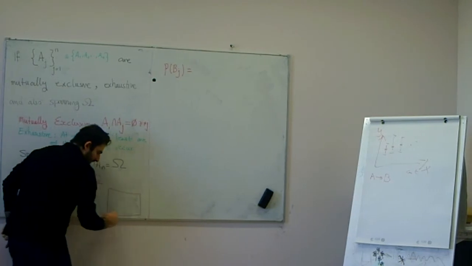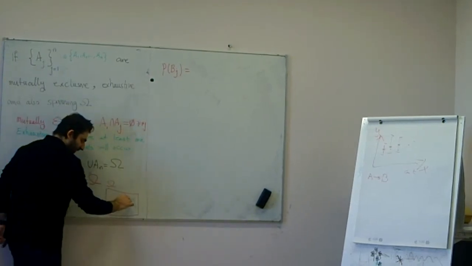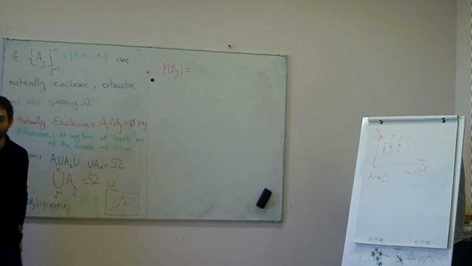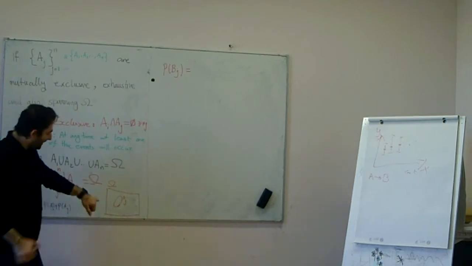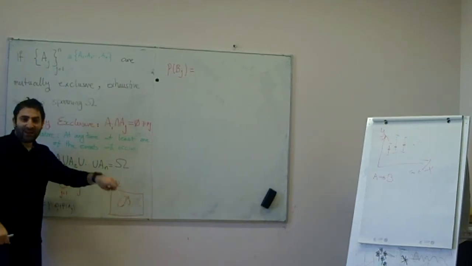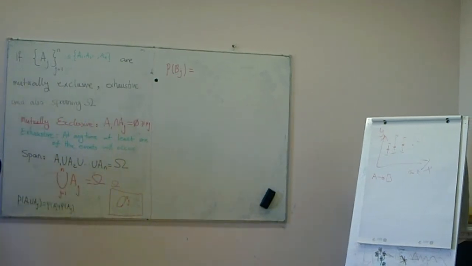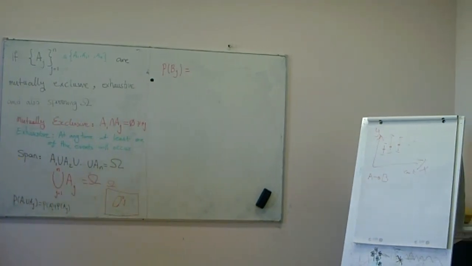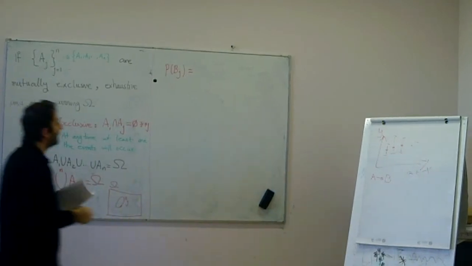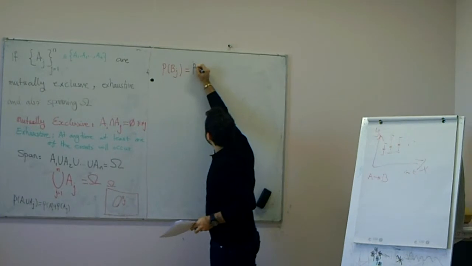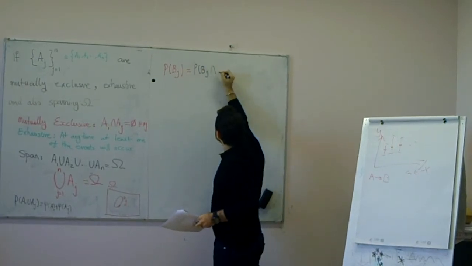This is my sample space, and this is B_j. Can you tell me what is the intersection of any B_j with omega? B_j. So, do we agree that I can write this as P of B_j intersected with omega?